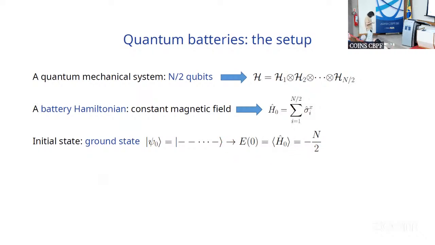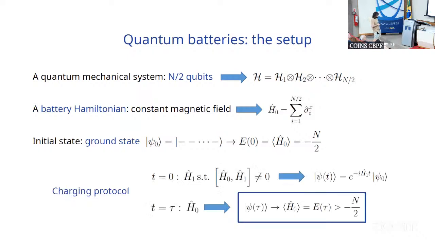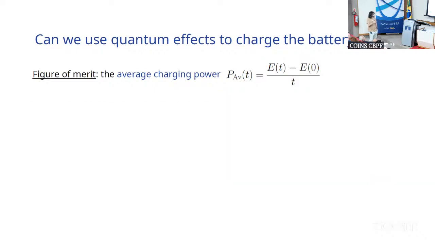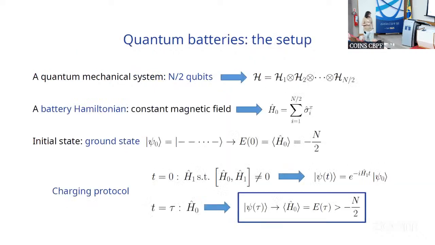So now the question is how to charge this battery, and among various protocols, we already heard several, but I will focus on what was probably called the double quench protocol, in which very simply at t equal to 0, I turn on another Hamiltonian that doesn't commute with H0, such that my state starts to have a non-trivial evolution.